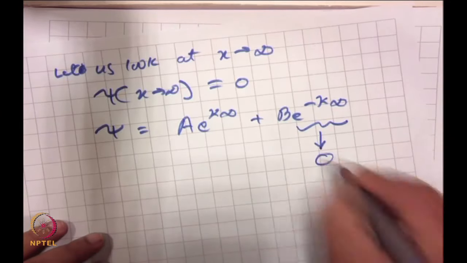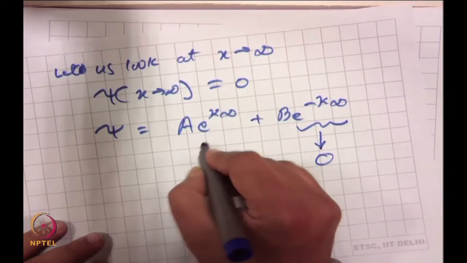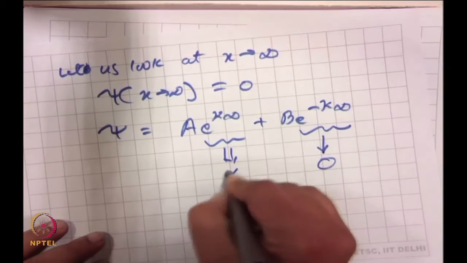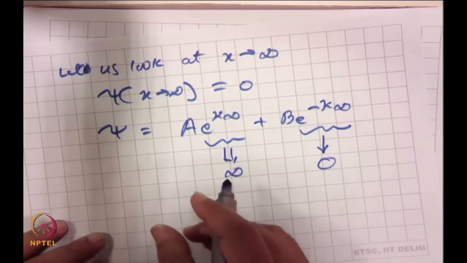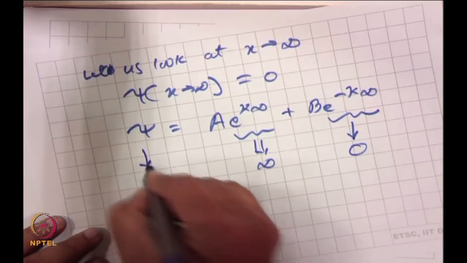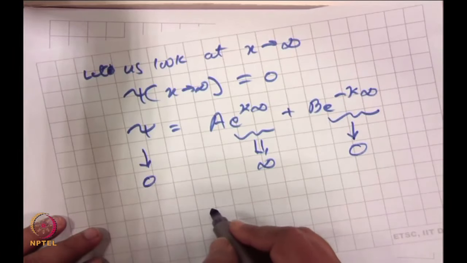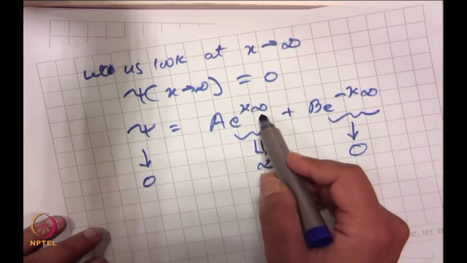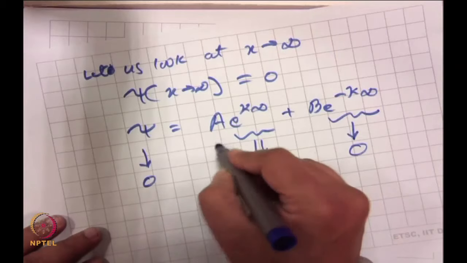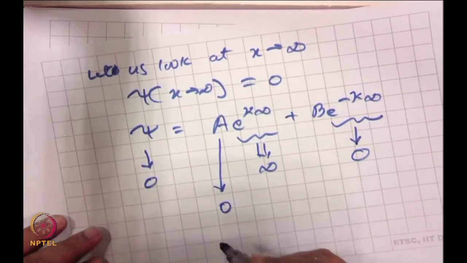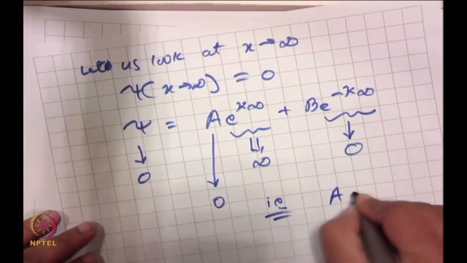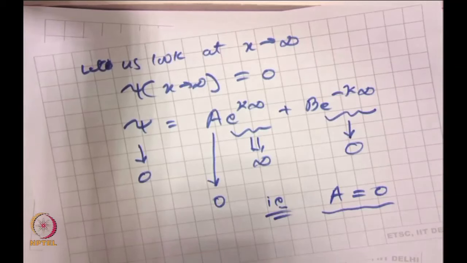The first term tends to infinity, but our boundary condition says that psi tends to 0. So the only way psi can go to 0 is if A is 0. That simplifies the solution for me.